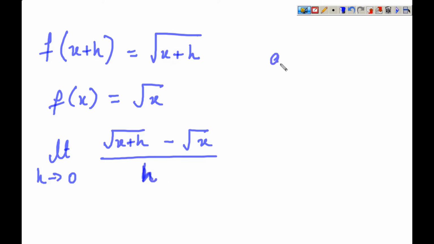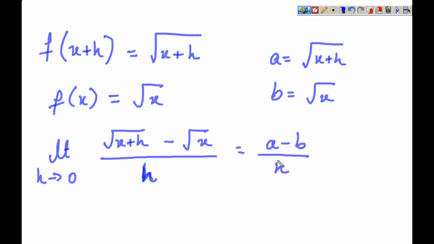So let's put a equals x plus h and b equals under root x. So here we have this in the form of a minus b by h.